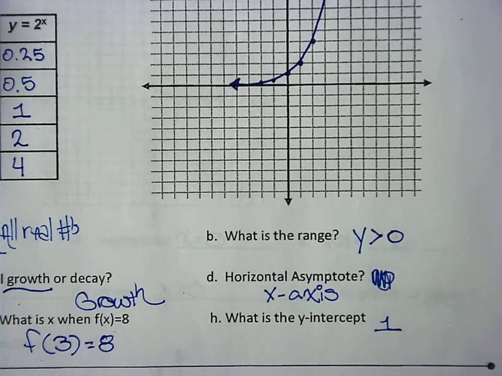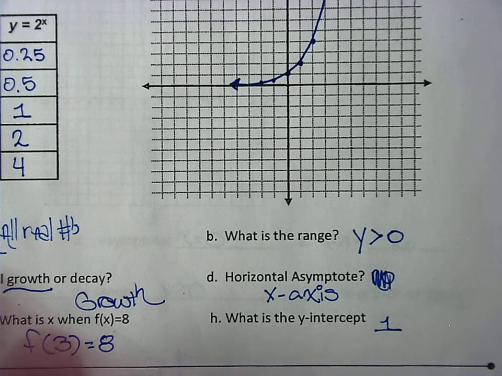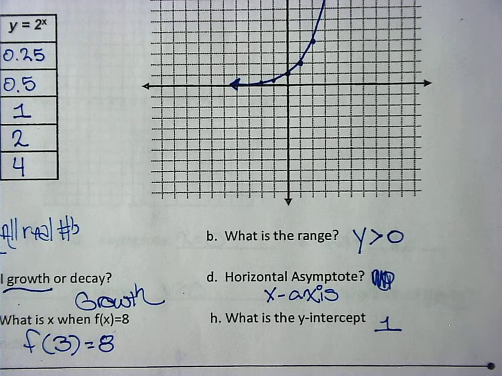Now here's a new word. What is the horizontal, or left and right, asymptote? Asymptote basically is a boundary. It is a line that your graph gets really close to, but never touches. And graphs can have asymptotes going left and right or straight up and down and in various places.